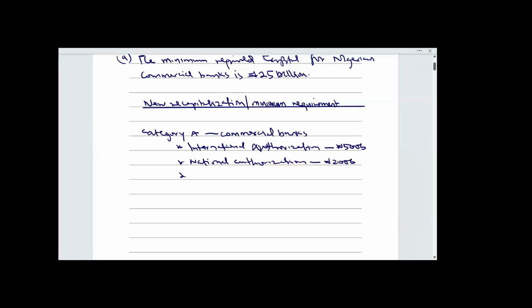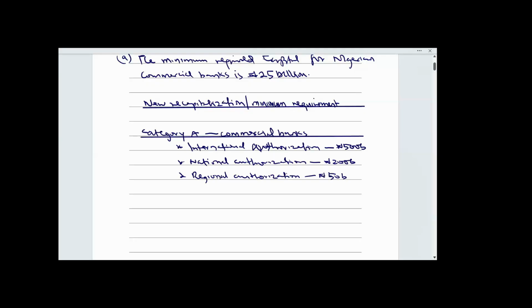Then we also have regional authorization, banks with regional authorization, and their minimum requirement is 50 billion naira. So these are the category A banks in Nigeria.